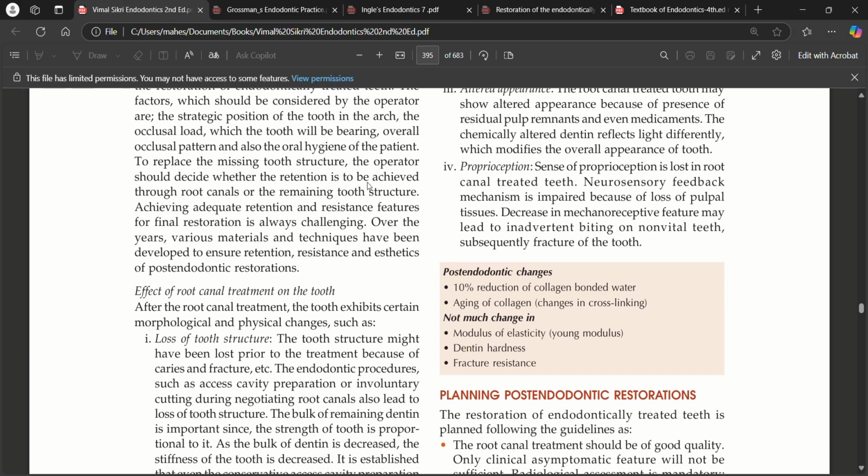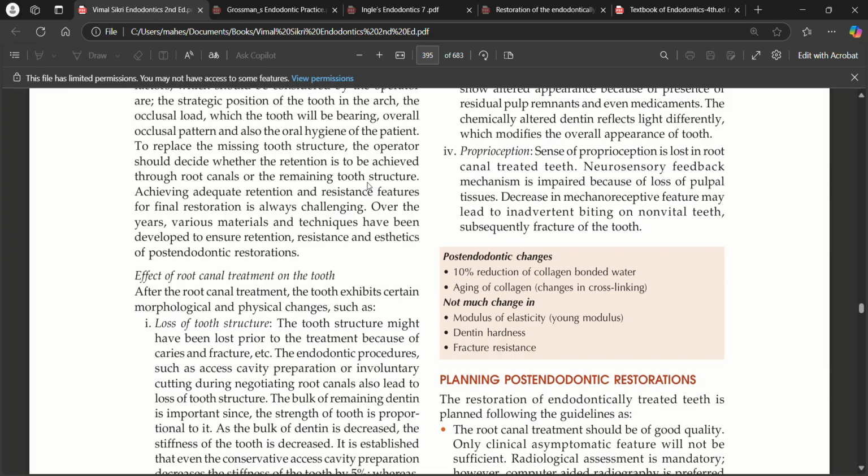The endodontic procedures such as access cavity preparation or involuntary cutting during negotiating root canals also lead to loss of tooth structure. The bulk of remaining dentin is important since the strength of the tooth is proportional to it.